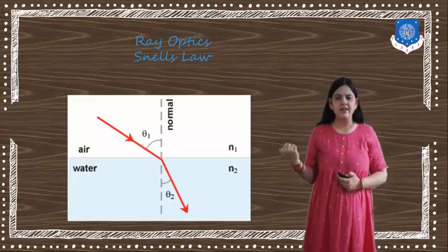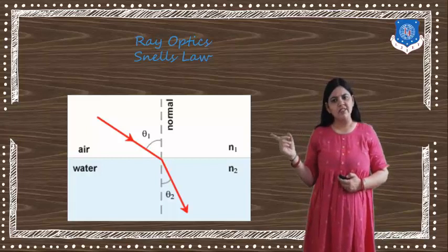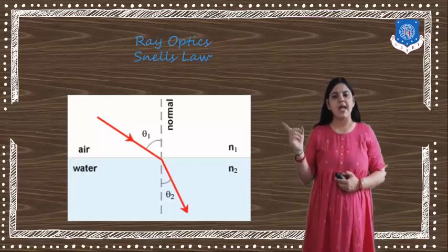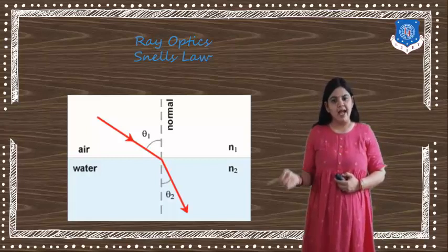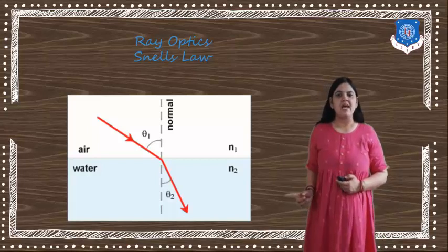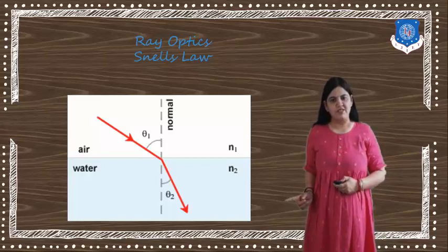So air and water. Here you can see that theta 1 is the angle of incidence, and theta 2 is the angle of reflection.